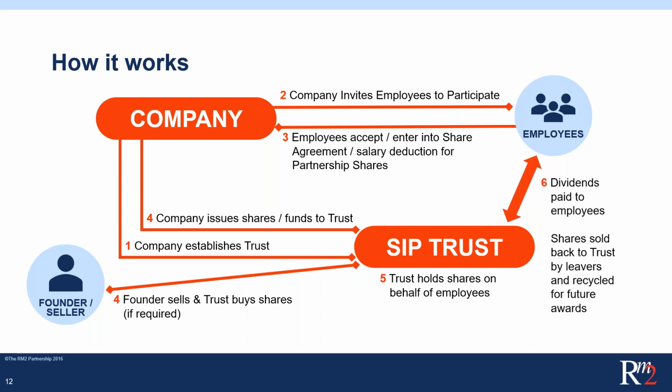And then over time, if an employee's been awarded shares, even if they're held in the SIP trust, he or she is entitled to dividends on those shares if they're paid. So dividends can be paid to employees, and as people leave, the shares can be sold back to the trust by the leavers and then recycled for future awards. So that's a fairly simple outline of how the SIP trust will work on an ongoing basis.